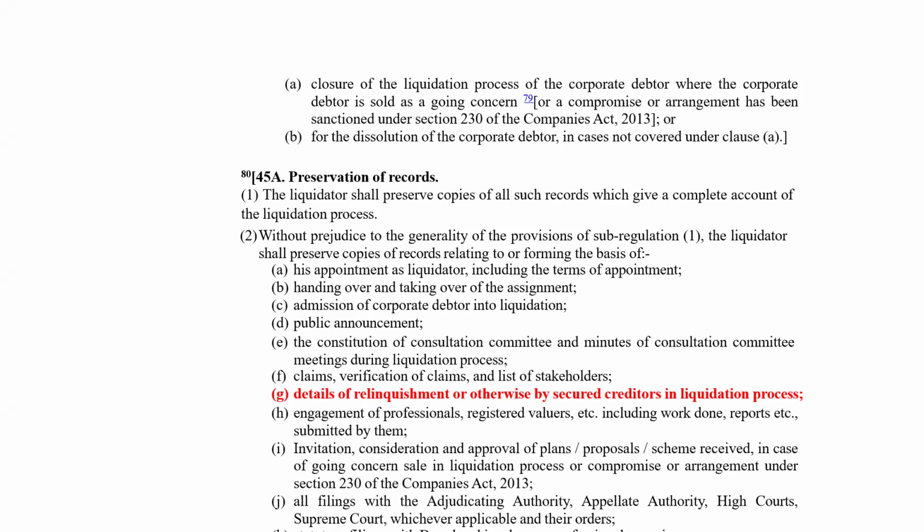In IBC, after liquidation, there are three possibilities. Number one, dissolution. Second, closure of the liquidation. Closure in two scenarios, when it is sold as a going concern or a scheme of compromise or arrangement has been sanctioned. That winding up process is there in the Companies Act only. There is no concept of winding up in IBC. Okay, got it.